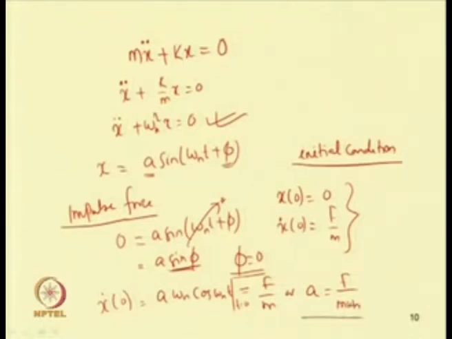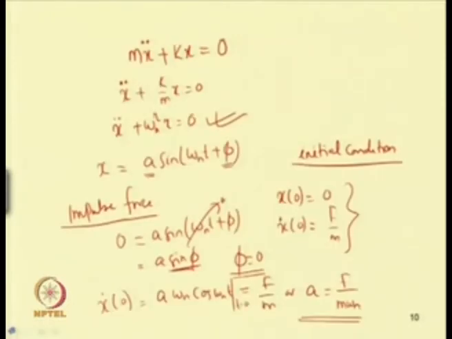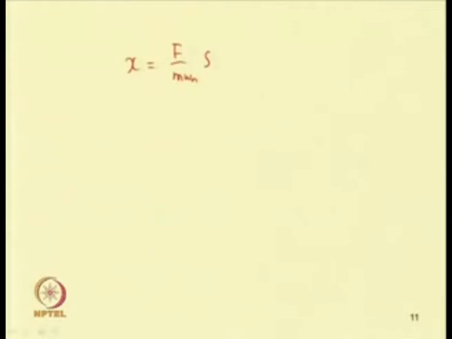So, the solution becomes x equal to f by m omega n into sin omega n t. This is the solution in case of linear systems.